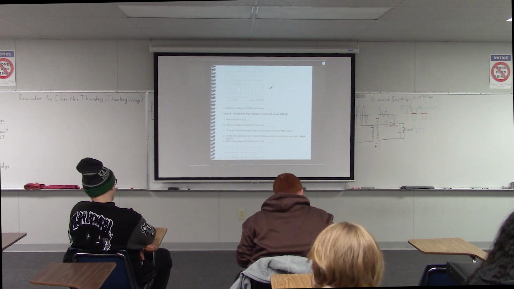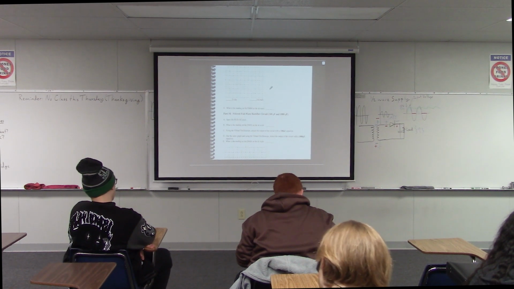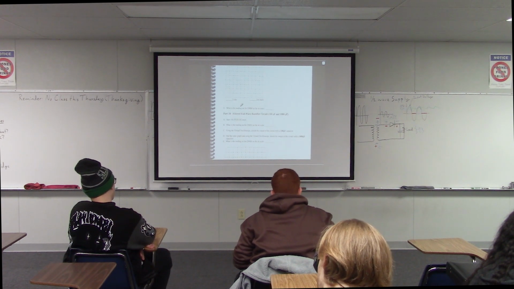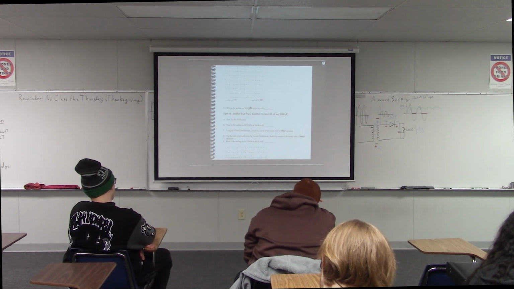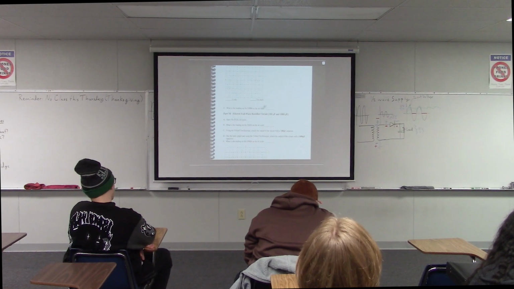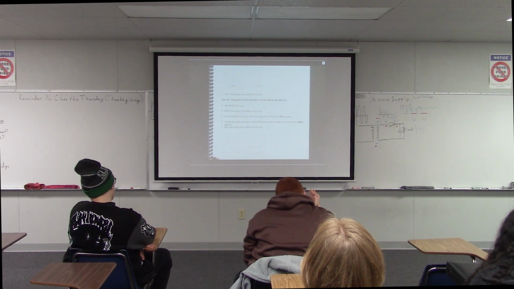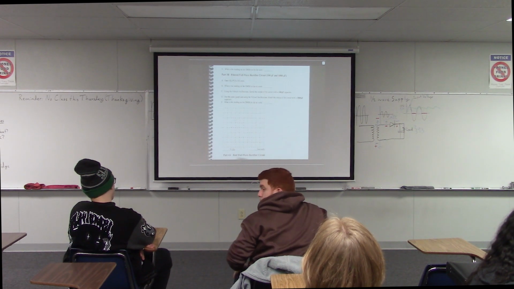And then there will be a virtual DMM there, and you can measure the DC voltage on that virtual DMM. Okay. You're going to do the same sort of thing for the full wave circuit and draw your results down there.